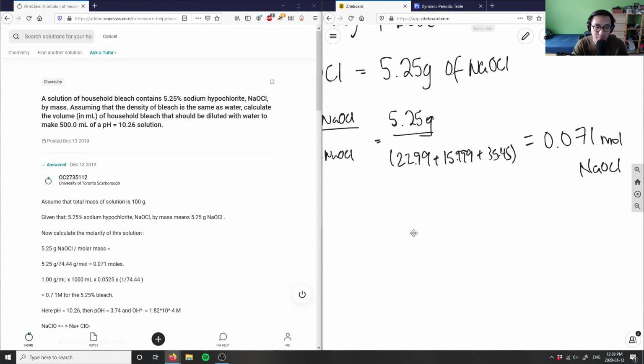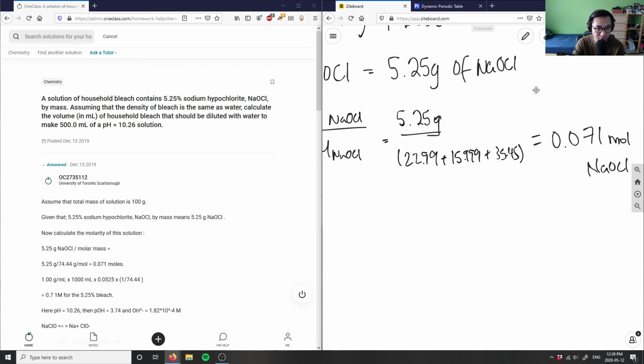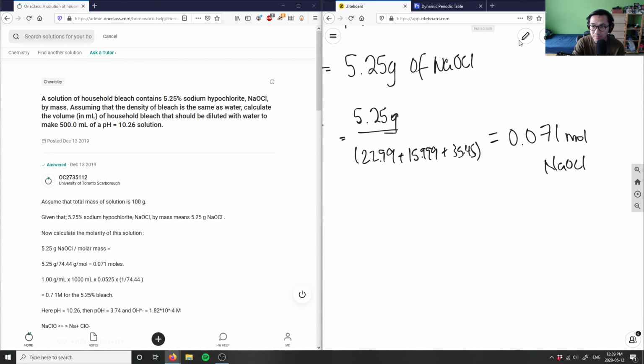They're multiplying this by 100 because they're going to convert the density. So the density here times 1,000 milliliters multiplied by our percentage, and multiplied by the molar mass here. So we're assuming 1 gram of our bleach, and therefore we get 0.71 moles for our 5.25% bleach.